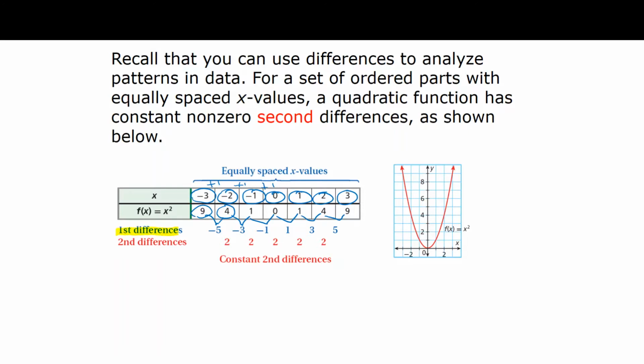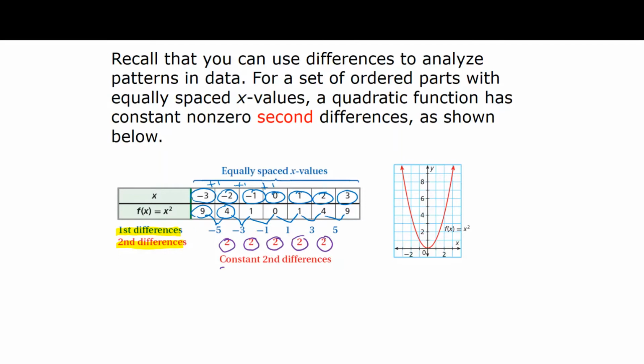Now let's see what our pattern is on the second row of differences. We go from -5 to -3, that's 2. -3 to -1, we added 2. -1 to 1, we added 2. 1 to 3, added 2. And 3 to 5, we added 2.